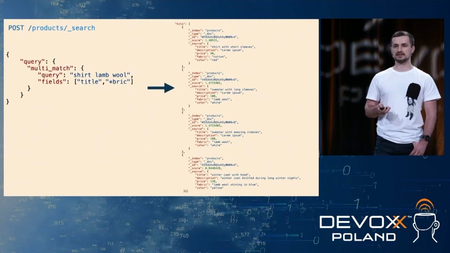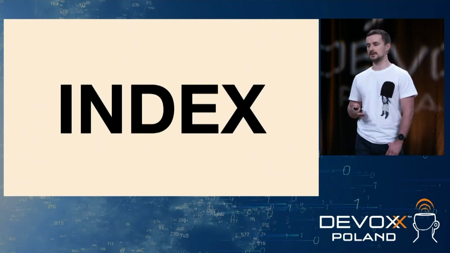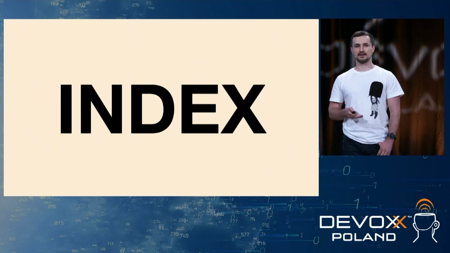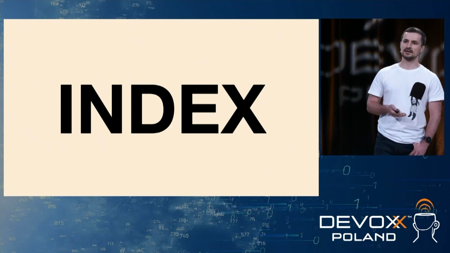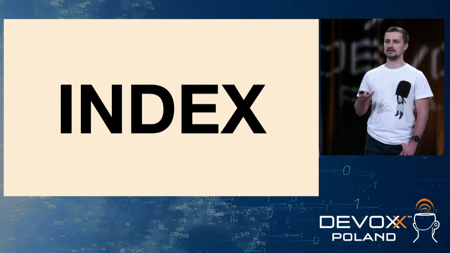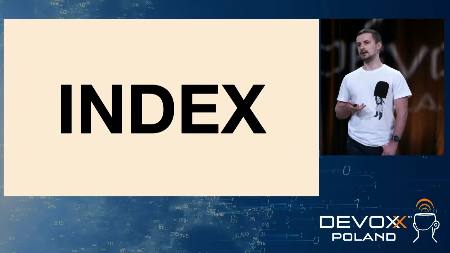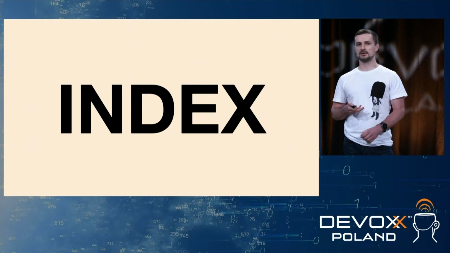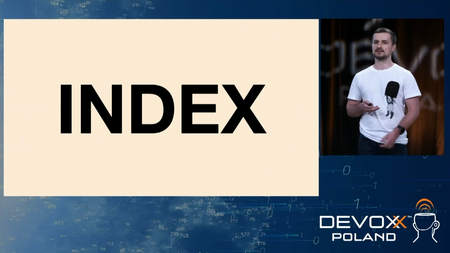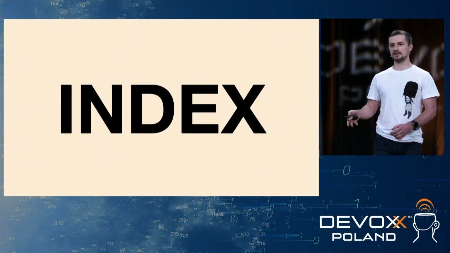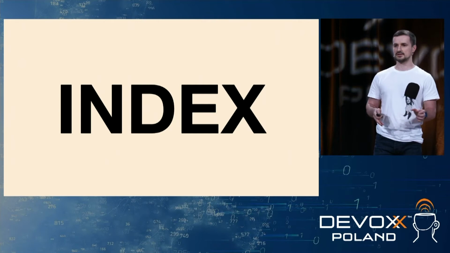So let's actually stop for a moment and think about how it works. Because if we had just a regular database index and we typed in sweater, it wouldn't return any results because we don't have any product named sweater. Sweater is just a part of it.